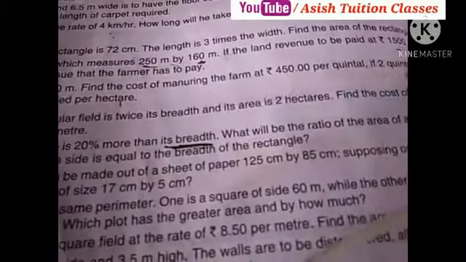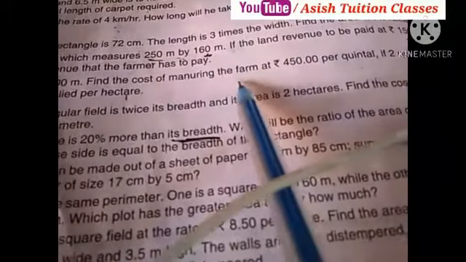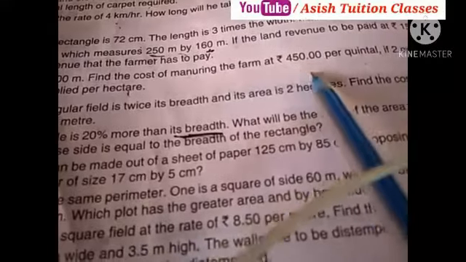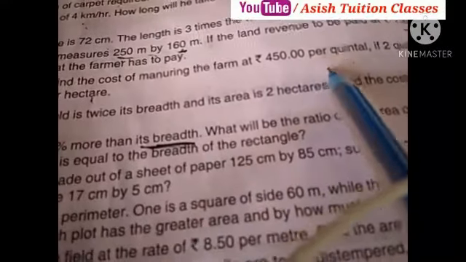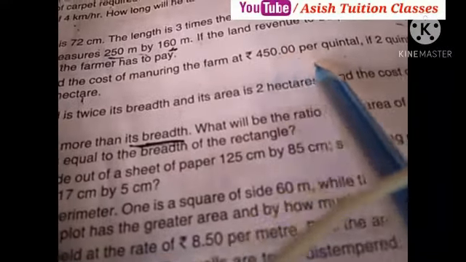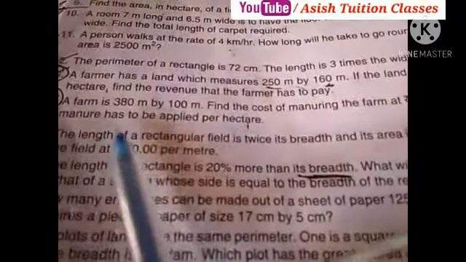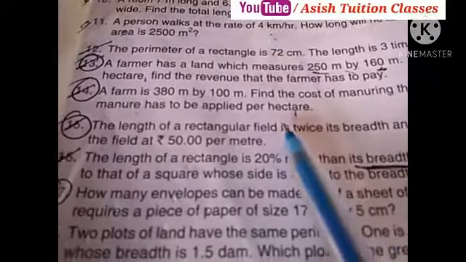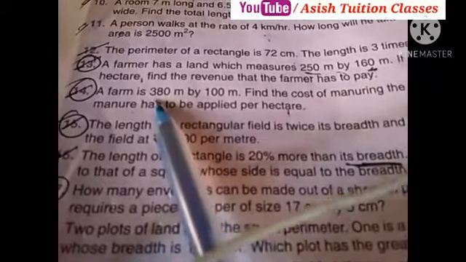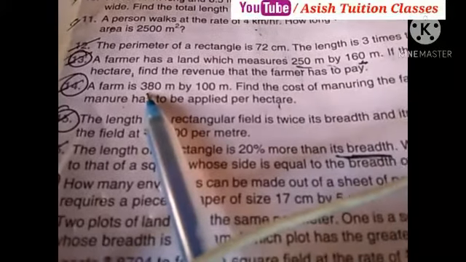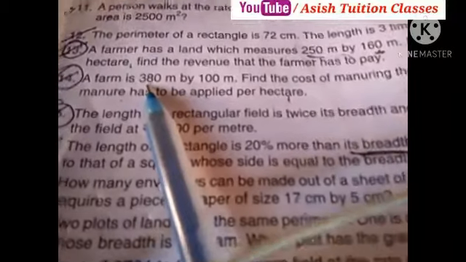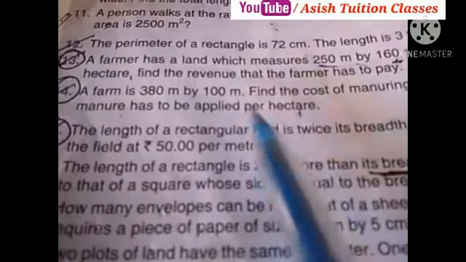If 2 quintals manure has to be applied per hectare, 1 hectare 2 quintal. Therefore we have to find out the area of the farm, 380 and 100 meter.